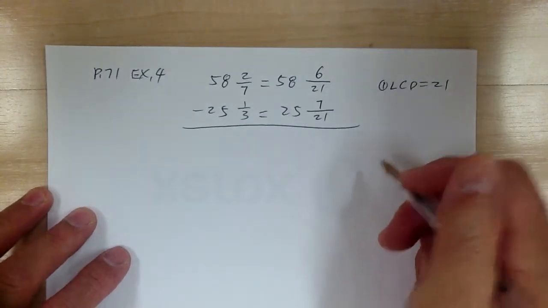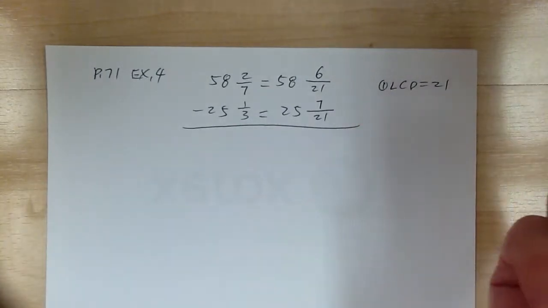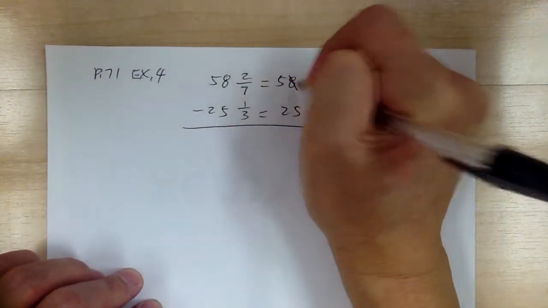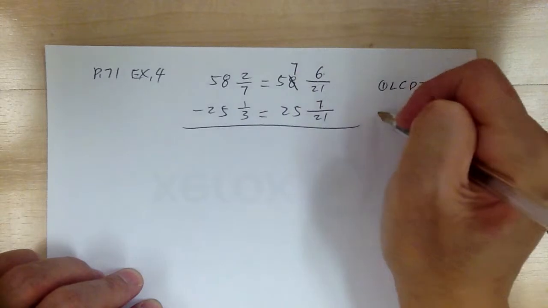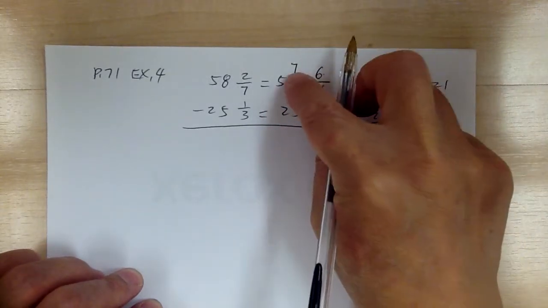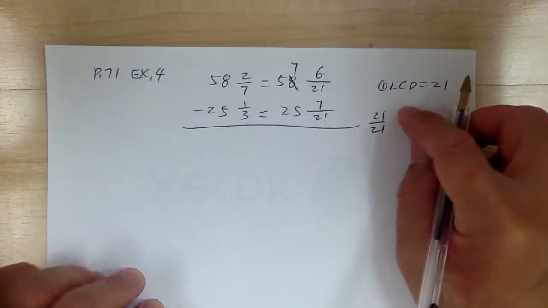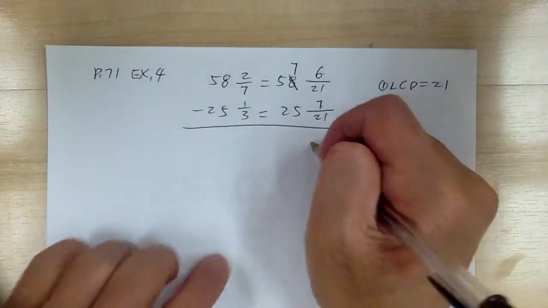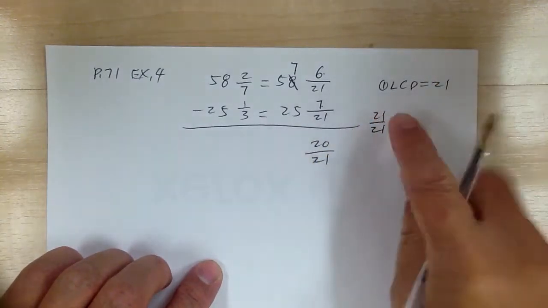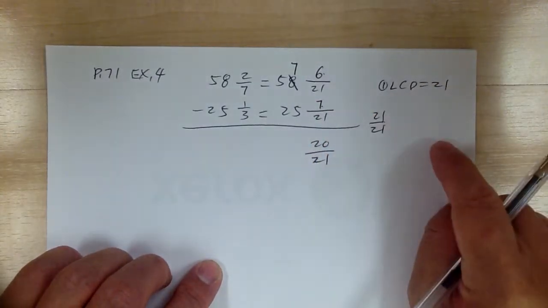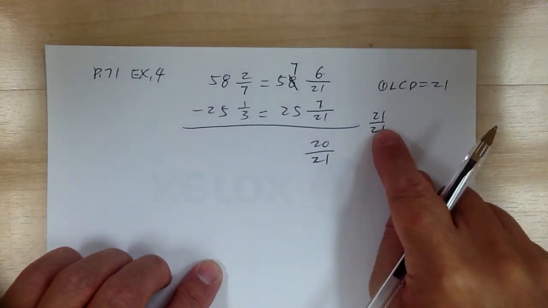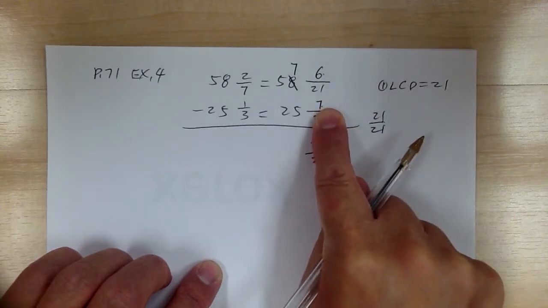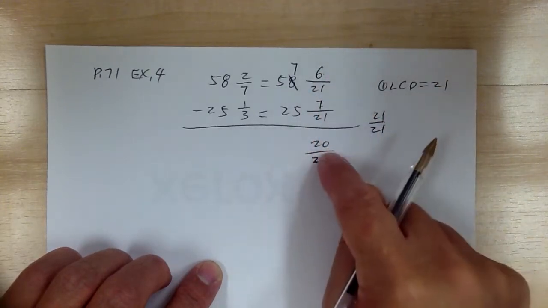Now your next step is to go ahead and subtract. 6 minus 7 is not enough, so you have to borrow 1 from here. Borrow 1 from here, this becomes 7. The one you borrow becomes 21 over 21. You can use 21 minus 7 to give you 14. 14 plus 6 gives you 20.